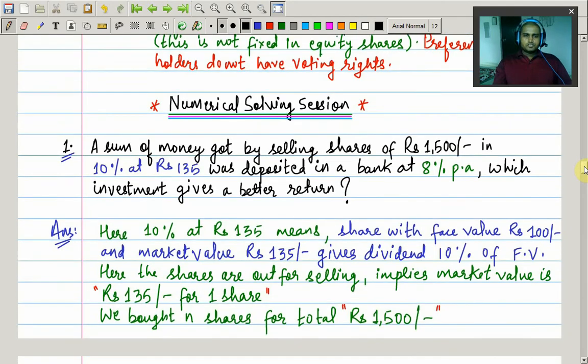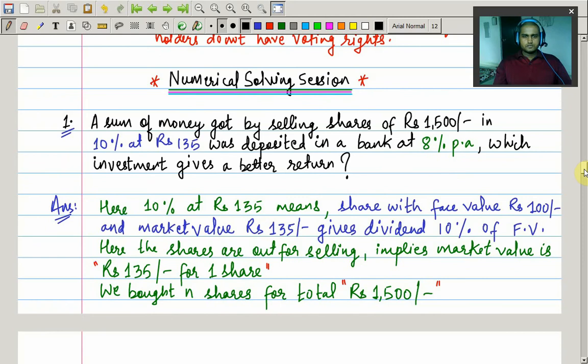So we have reached the numerical session. The first question is: a sum of money got by selling shares of rupees 1500 in 10% at rupees 135. Was this deposited in a bank at 8%?